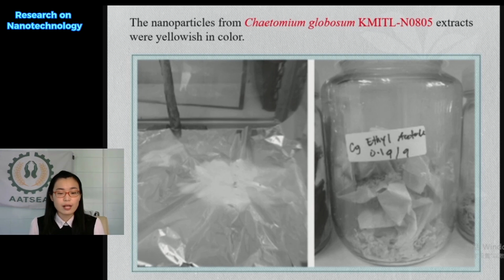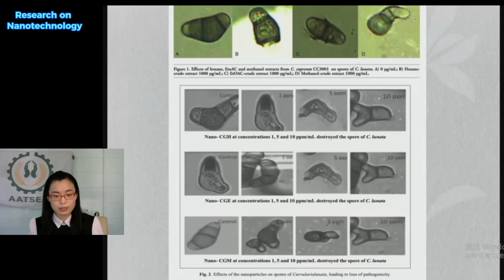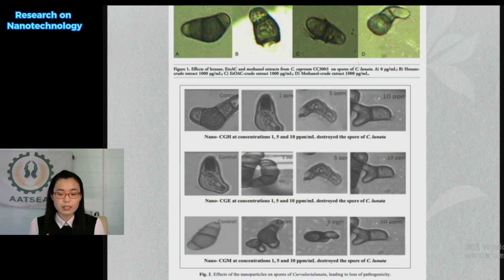As this figure shows, the nanoparticles from Chaetomium globosum have a yellow color. In the in vitro test, the pathogen on PDA media, we can see the control has normal spores, but in the treatment by nanoparticles, we can see a lot of abnormal spores, with changed shape or size.